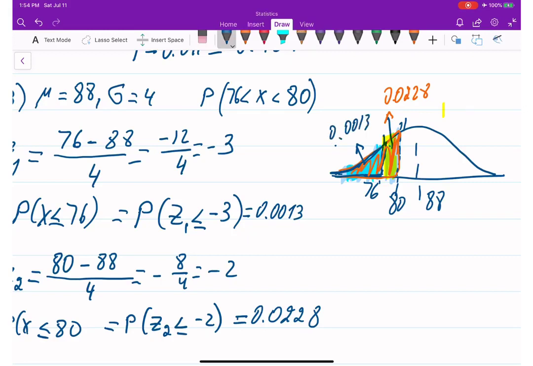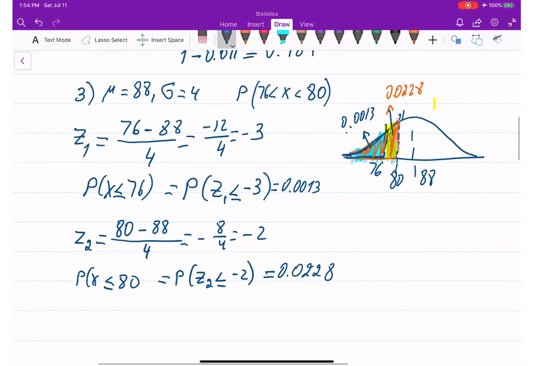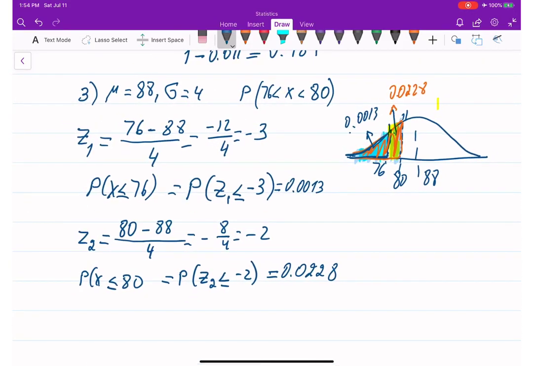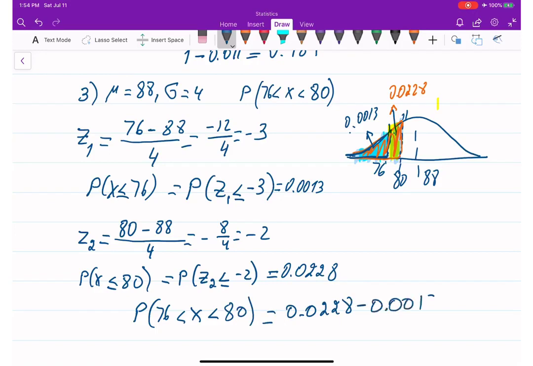If I take the orange area and subtract the blue area, I will get the part in between, right? So the probability of x greater than 76 and less than 80 is equal to 0.0228 minus 0.0013.